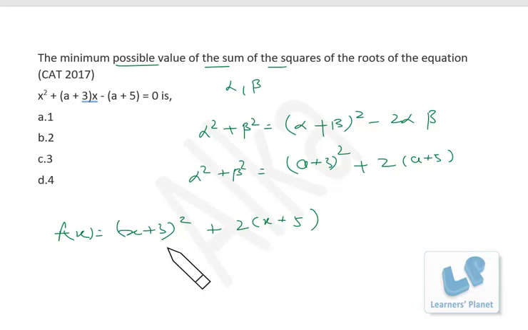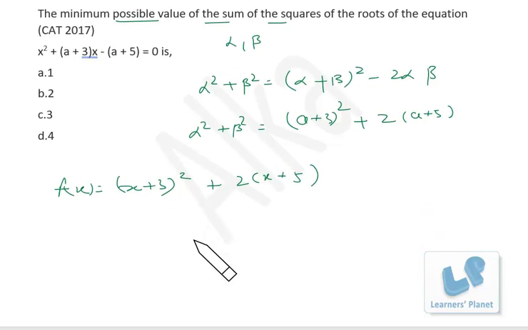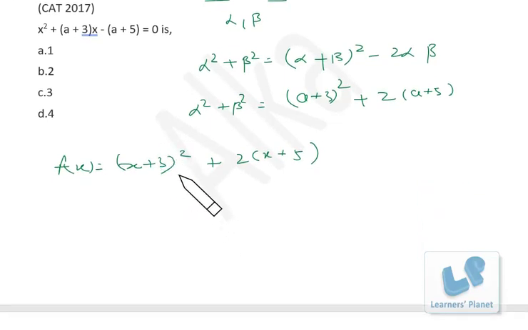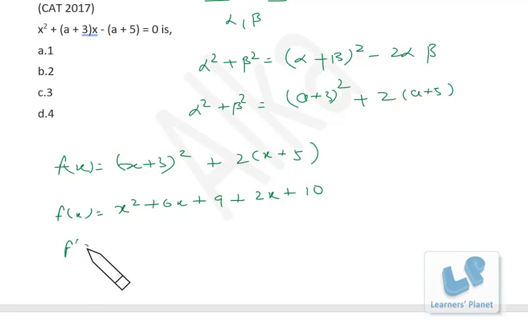So I'll differentiate that. If you wish, you can open it: x square plus 6x plus 9 plus 2x plus 10, right? So this is what f(x) is. So f dash x will be 2x plus 6. This is 0, this is 0, so that is plus 2. So it is 2x plus 8.